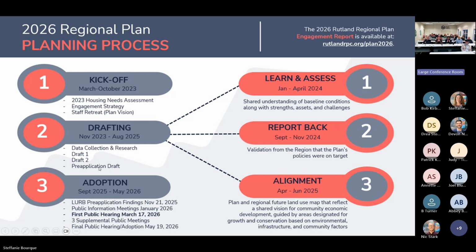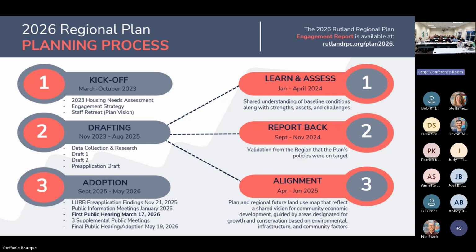That was the threshold between drafting and the third phase of the planning process, which is adoption. We submitted the pre-application draft of the plan, including the regional future land use map, to the Land Use Review Board in September of 2025. We received the initial pre-application findings from the LURB in November of last year.